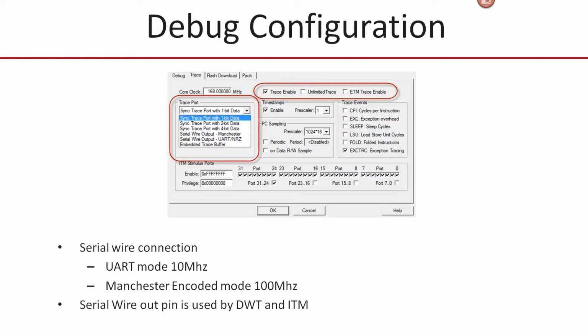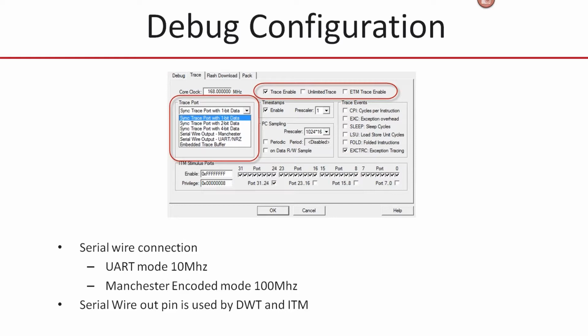But there's also a Manchester encoded communication method as well, and this runs to 100 megahertz. So generally the lower cost debug adapters will only support the UART mode, where the more expensive tools support the Manchester encoded mode and effectively can communicate to the Cortex processor 10 times faster.